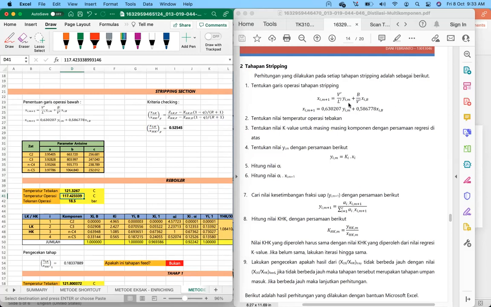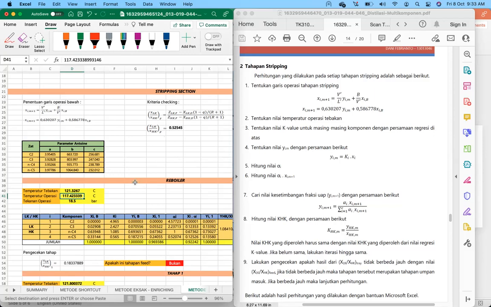You can solve the mass balance, find the phi dash and also the l dash, and put them into the equation, and then you have the operating line. Okay, and again you also know the checking criteria, which is around 0.52.